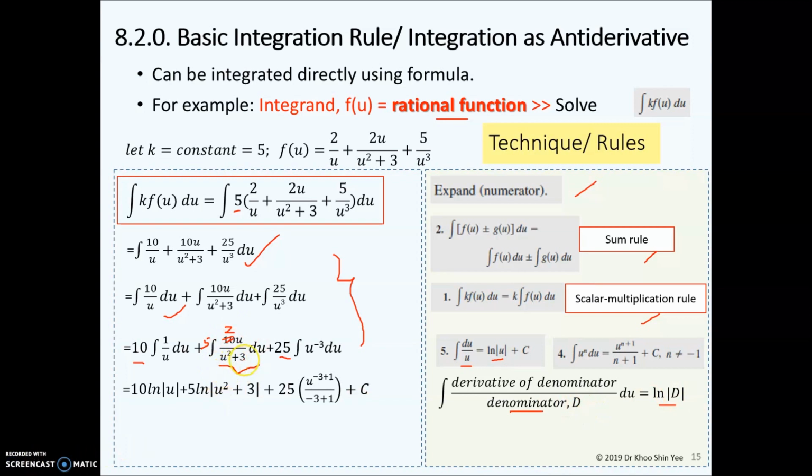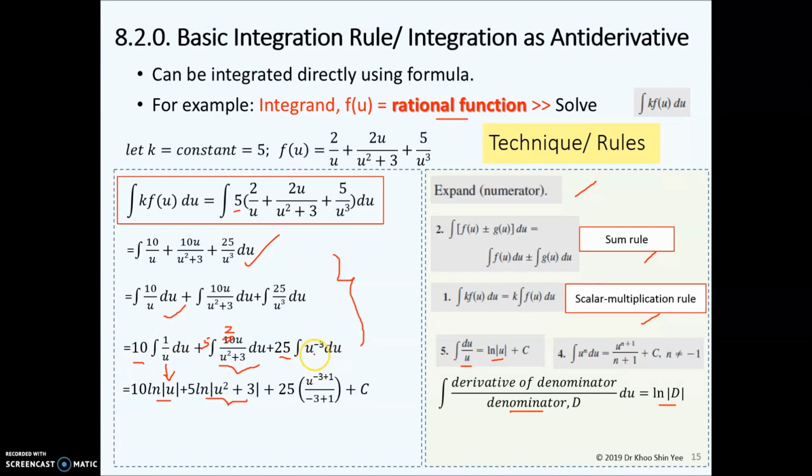Using the same approach, if I differentiate u squared plus 3, I get 2u. So my answer should be in this form, ln of u squared plus 3. For 1 over u, I integrate, I get this answer.